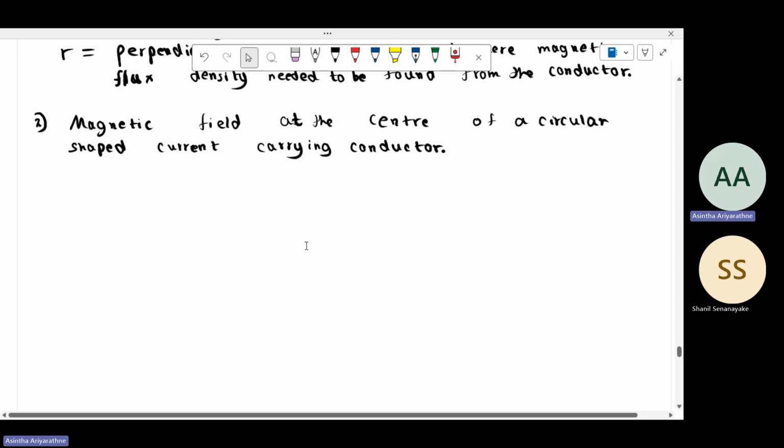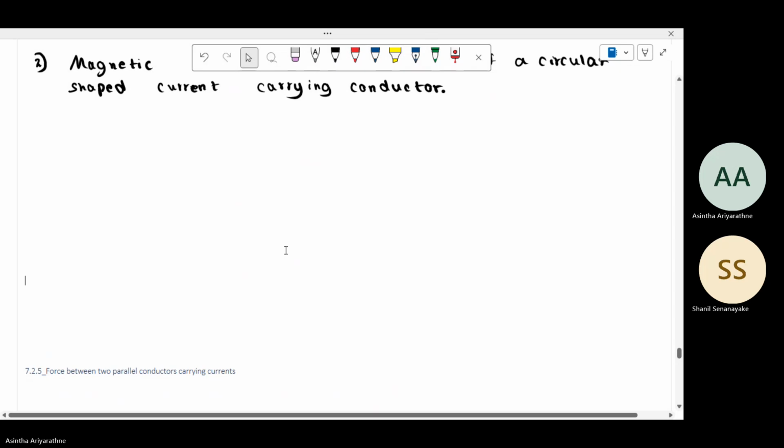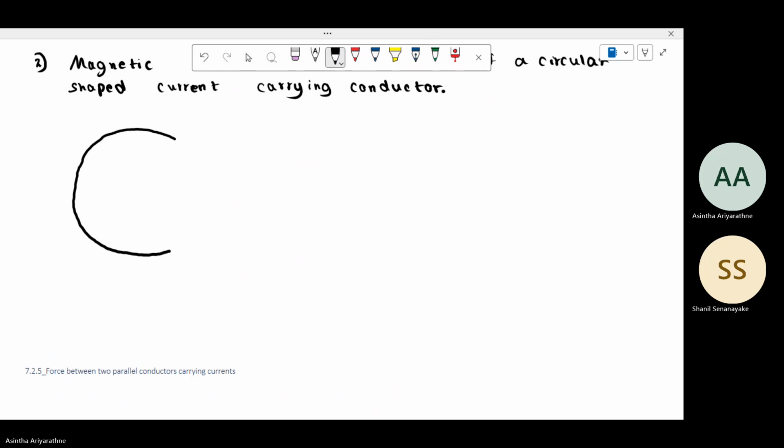Magnetic field at the center, not anywhere else, at the center of a circular shaped current carrying conductor. Right. So this is the current carrying conductor, circular shaped.